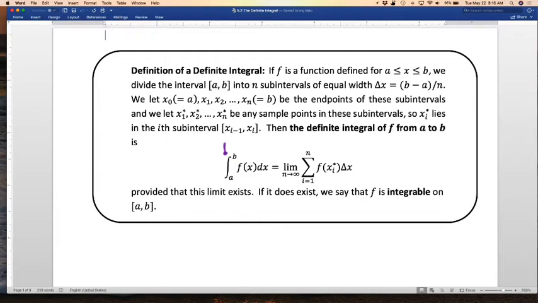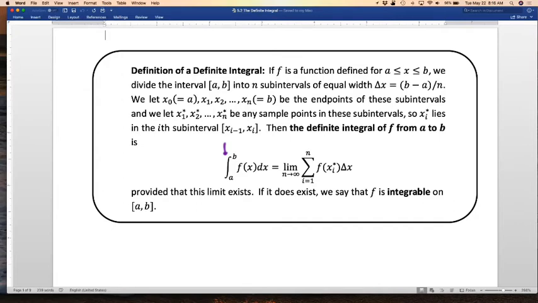And we would read this as the integral from a to b of f of x is equal to the limit as n approaches infinity of the sum from i equals 1 to n of f of x sub i star times delta x, provided that this limit exists. If it does exist, we say that f is integrable on the closed interval from a to b.